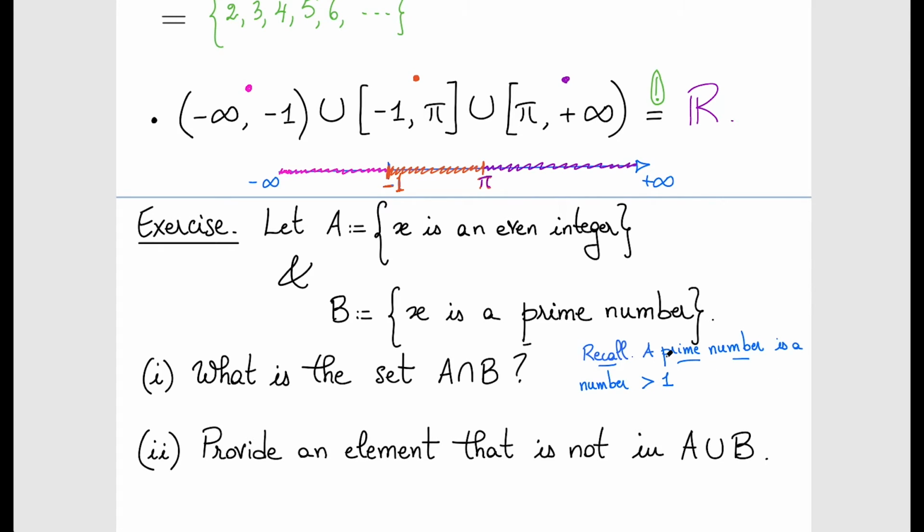Okay, so it's not any number, it's an integer, I should say. A prime is an integer that's greater than 1 and its divisors are merely 1 and itself.